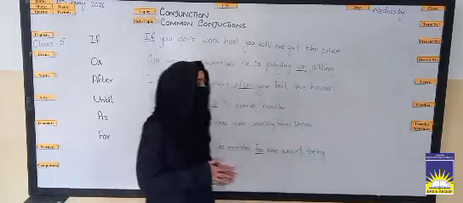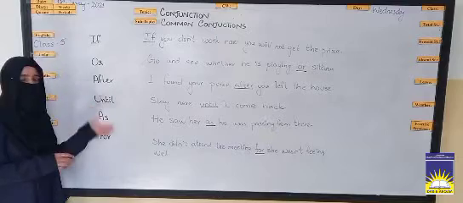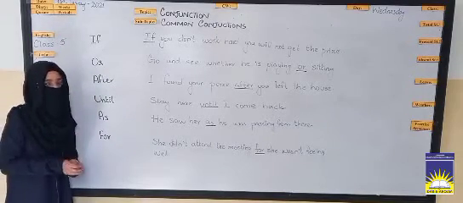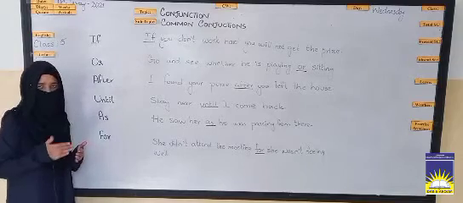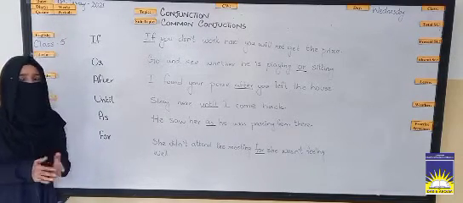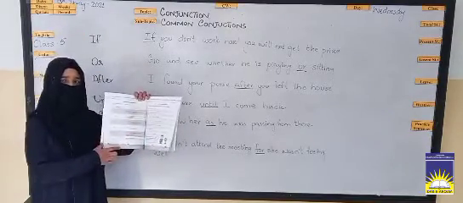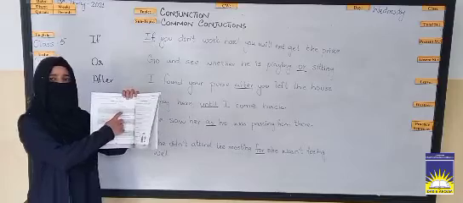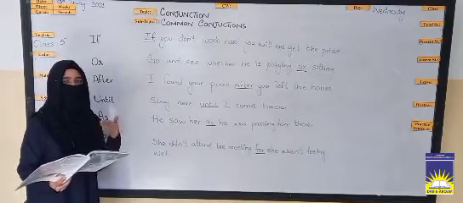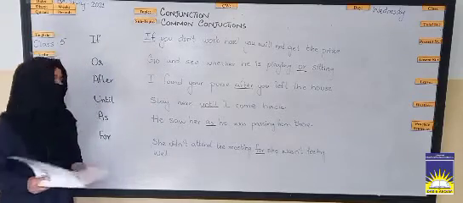So here I have written some common conjunctions for you which are given in your workbook, and I will tell you one by one the function of each conjunction, and then you will be able to use it in your sentences. So let's move on. Here in your workbook some common conjunctions are given to you and its function is written in front of it. Now I am going to explain one by one, and then we will look at the example to get a clear idea.